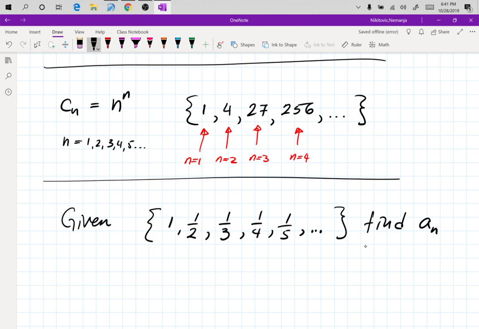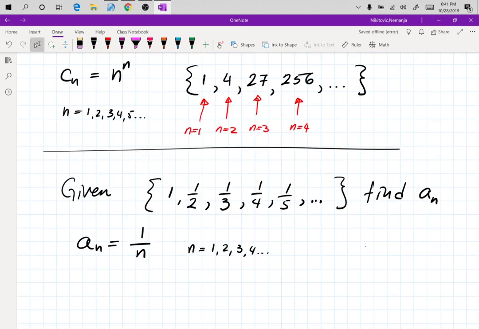1 over n. Okay. So immediately by looking at this, you see that all the numerators are 1. Denominators go 1, 2, 3, 4, 5. That's n. And you state that n started counting at 1, right? Can we come up with a different value?